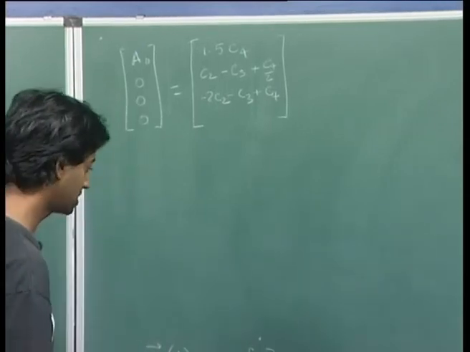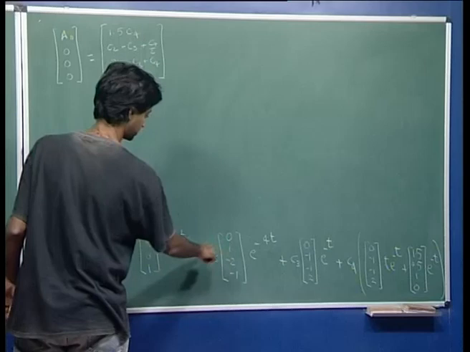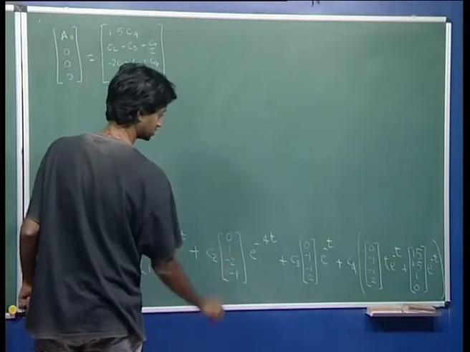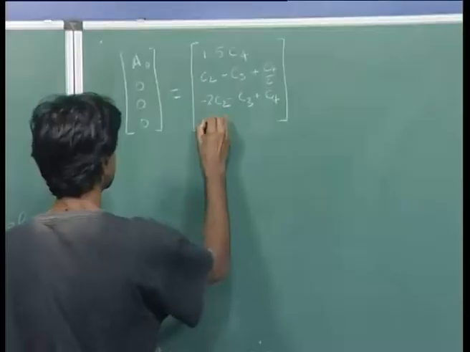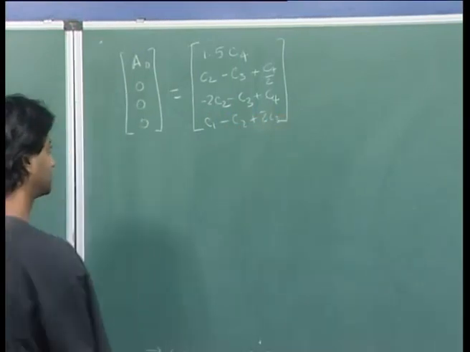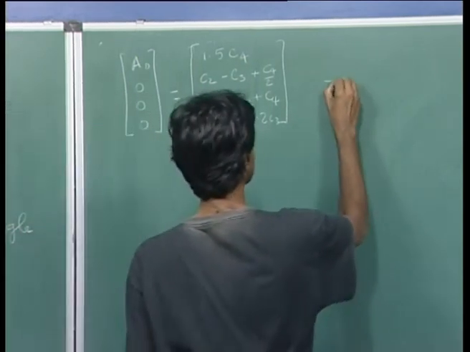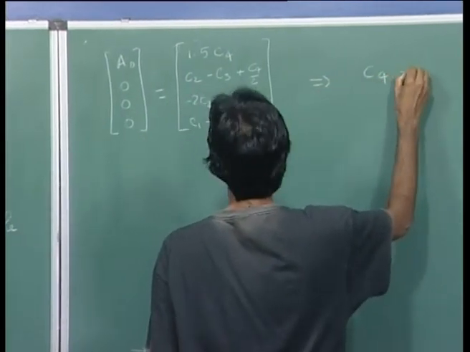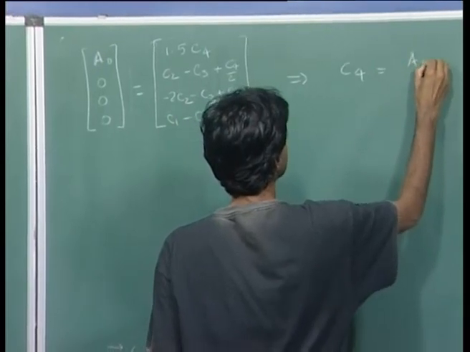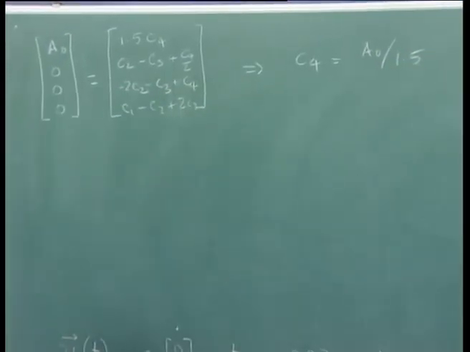And the last term will give me C1 minus C2 plus 2 C3. So, this implies C4 equal to A0 divided by 1.5. So, C4 is determined uniquely.